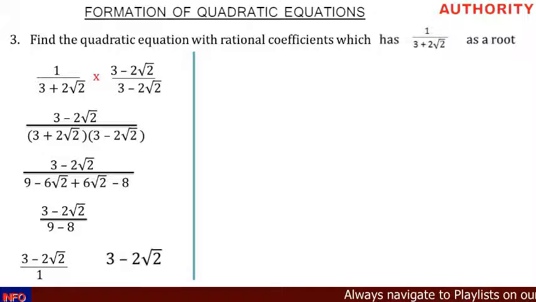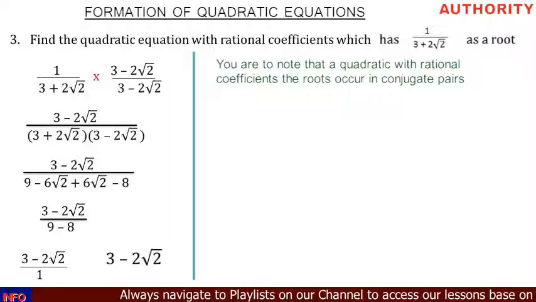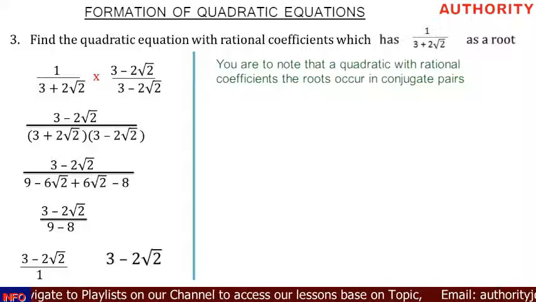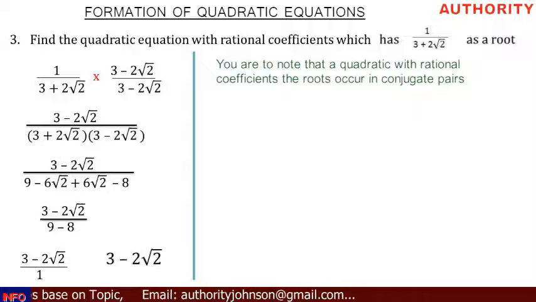Now you have to take note that for a quadratic with rational coefficients, the roots occur in conjugate pairs. So here, the root that we have is 3 minus 2 root 2.